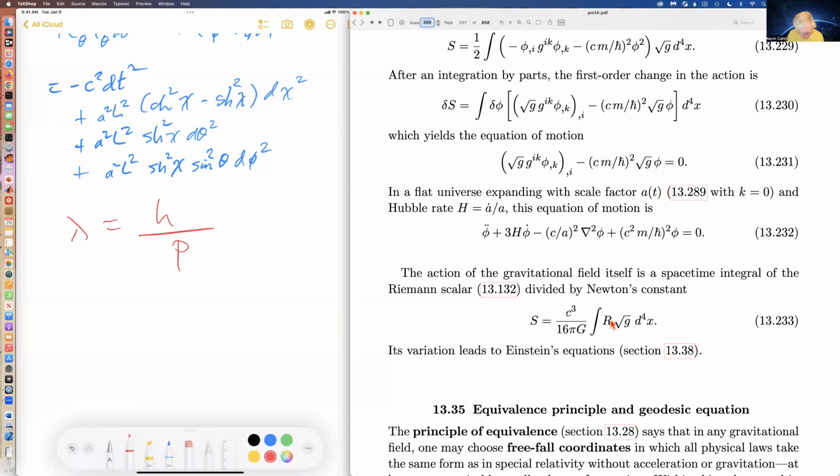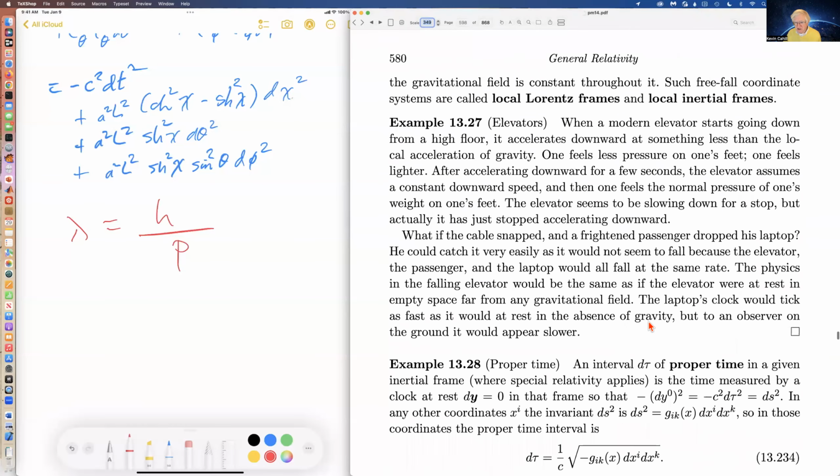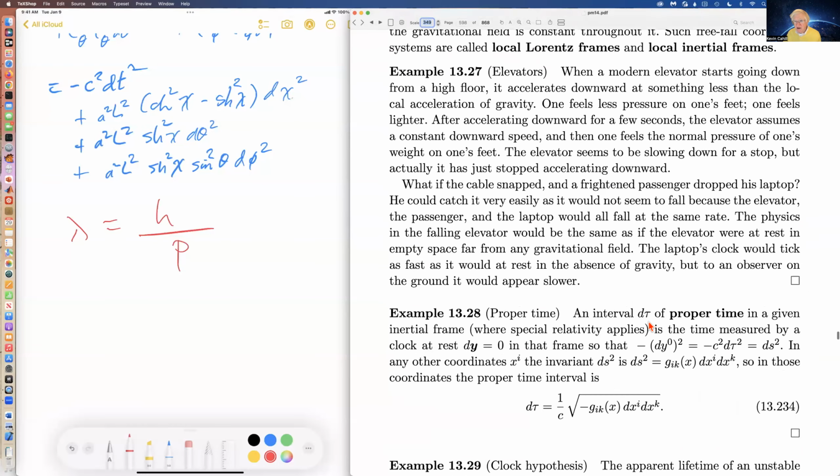And what does that mean? That means that gravitational changes are pretty small because they get multiplied by a huge factor. R is the Ricci scalar, and then g, of course, the absolute value of the determinant of g_ik, and then you integrate. This then leads to Einstein's equations.